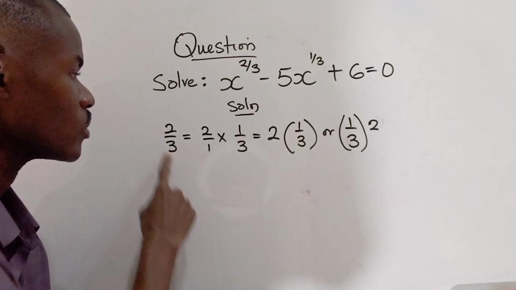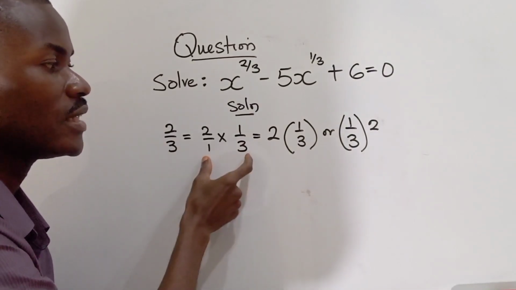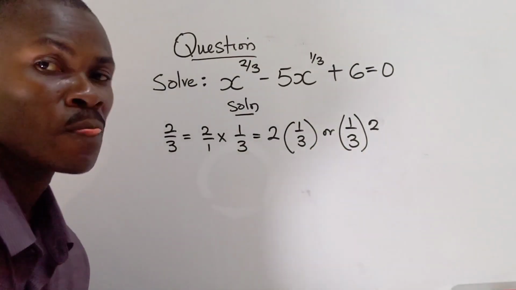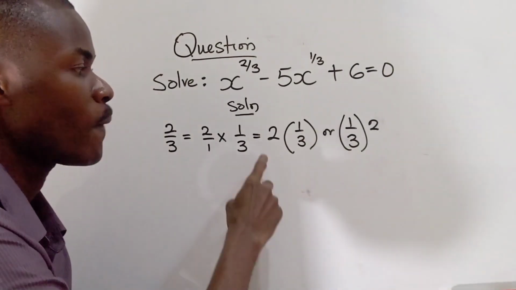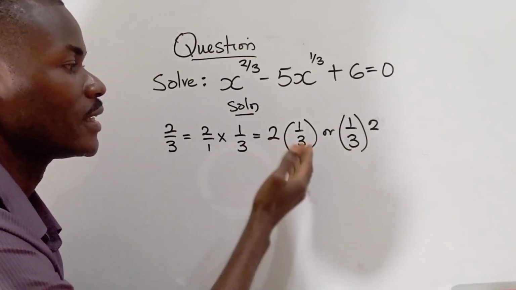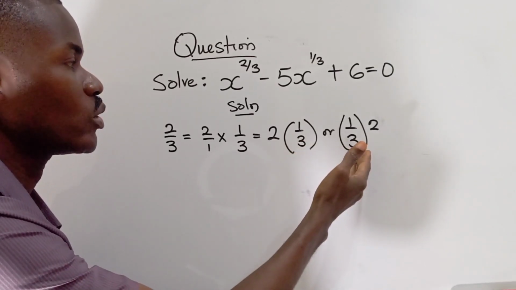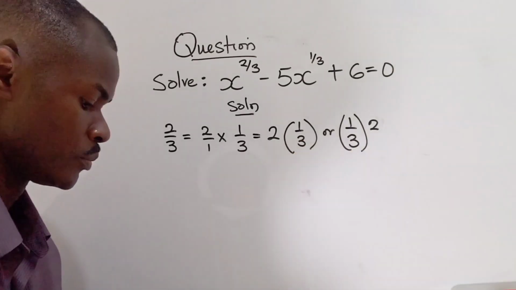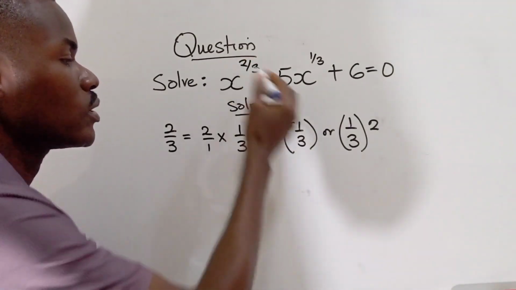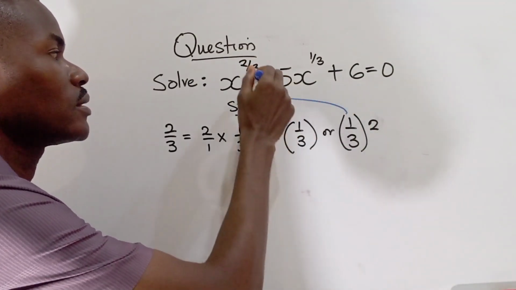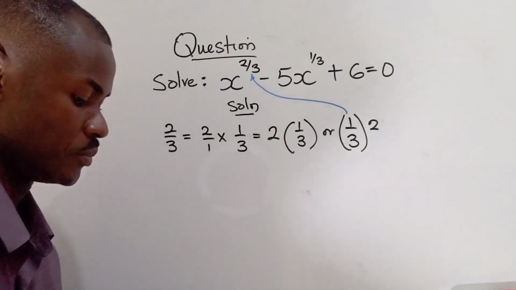So 2 thirds also means this or this or this. Let us go with this one, and instead of 2 thirds, I want to replace it with this.